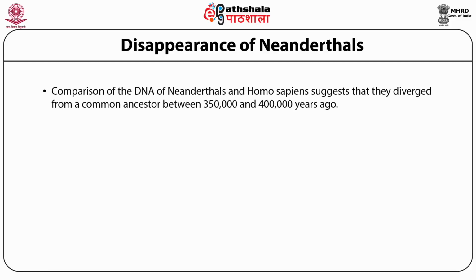Comparison of the DNA of Neanderthal and Homo sapiens suggests that they diverged from a common ancestor between 350 to 400,000 years ago. This ancestor was probably Homo heidelbergensis. Heidelbergensis originated between 800,000 and 1,300,000 years ago and continued until about 200,000 years ago.